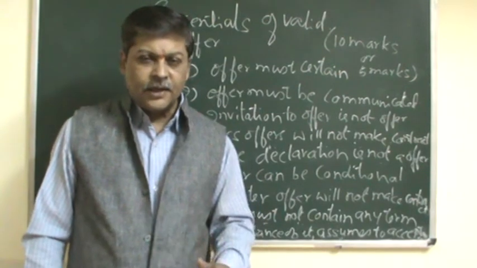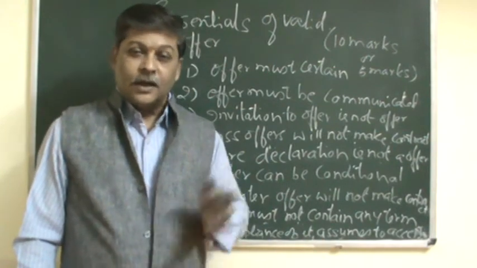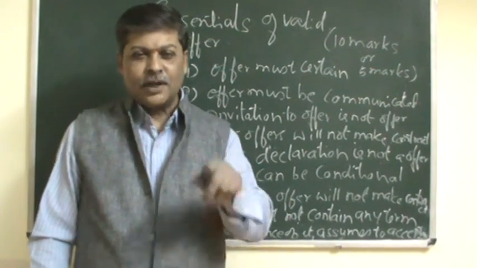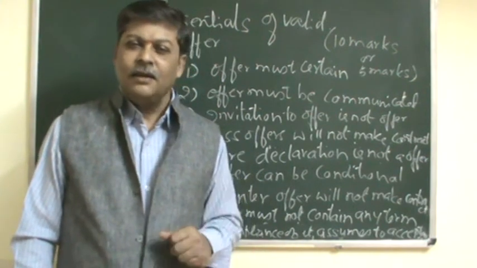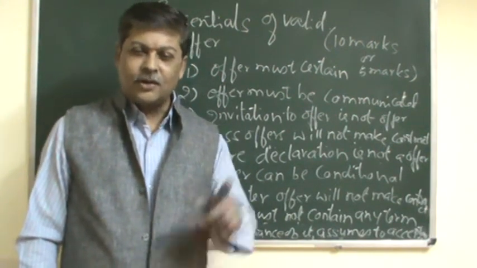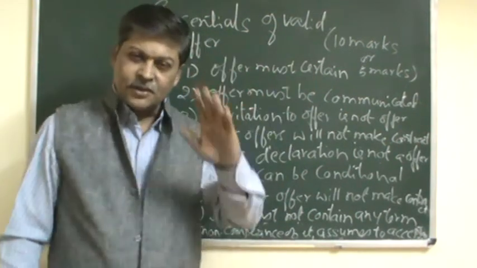If he had clearly stated that it was the Ambassador car, then it would have been right. Now suppose he was having only one car and says he wants to sell his car, that is understood to be certain because he has only one car. So certainty comes in there.